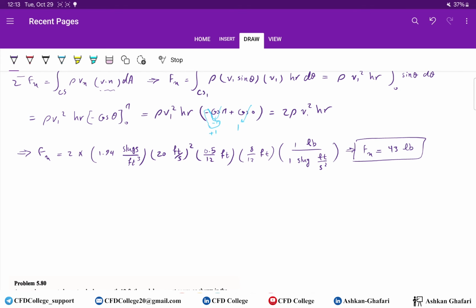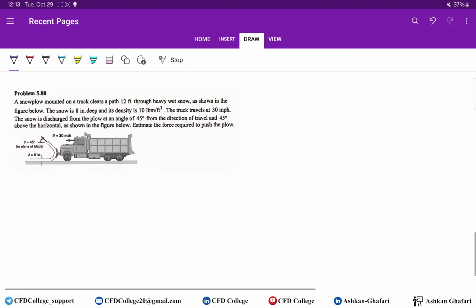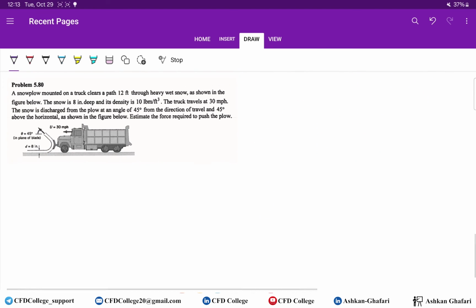This was the second problem, and we have another problem, number 80. Let's see what we have. A snowplow mounted on a truck clears a path 12 feet wide through heavy wet snow.